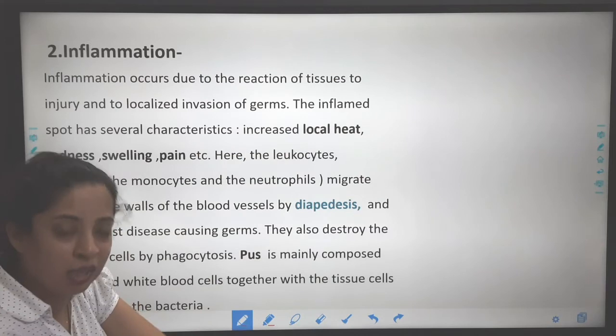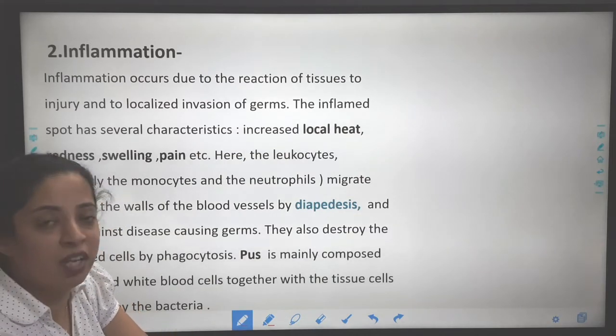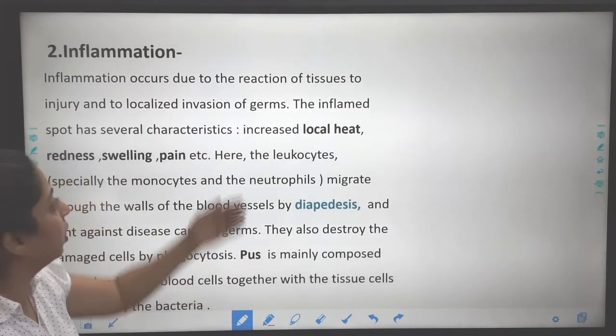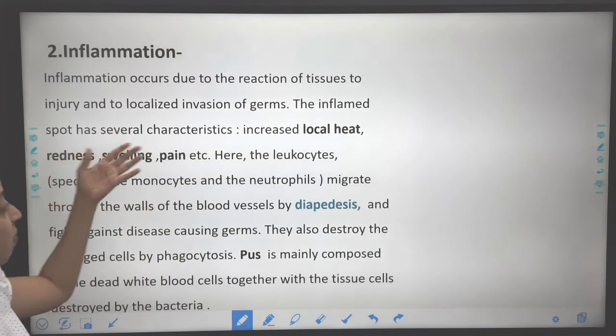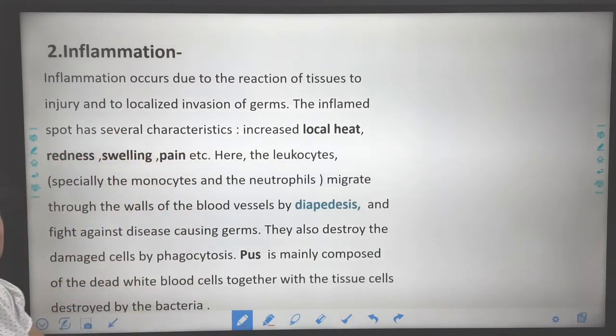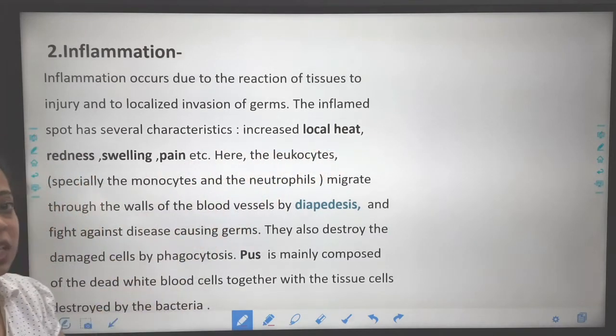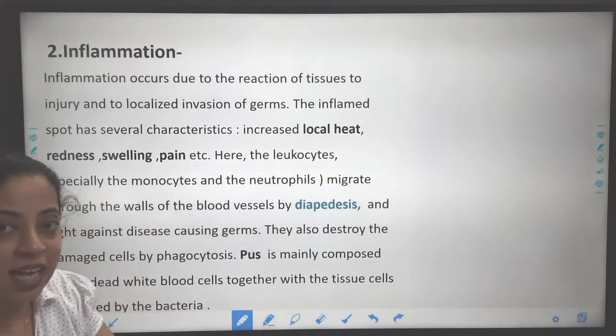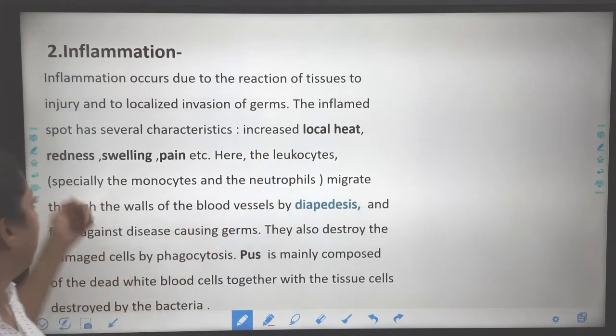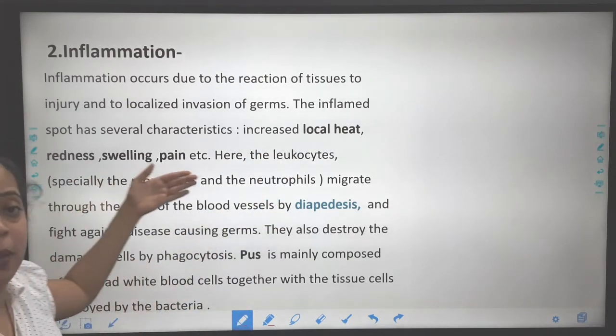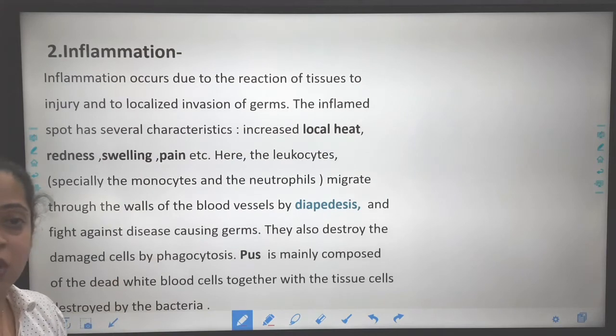Localized means at a particular place the germs invade, maybe due to a cut or something. The inflamed spot has several characteristics. Now how do you know that spot has inflammation? It has increased local heat, meaning that area becomes slightly warm, redness, swelling and pain. These are the characteristics of inflammation.